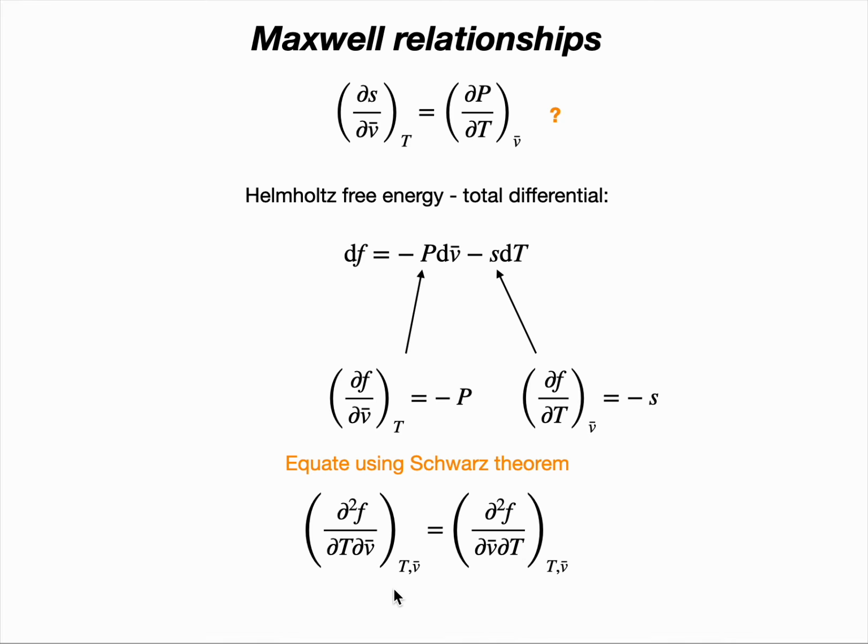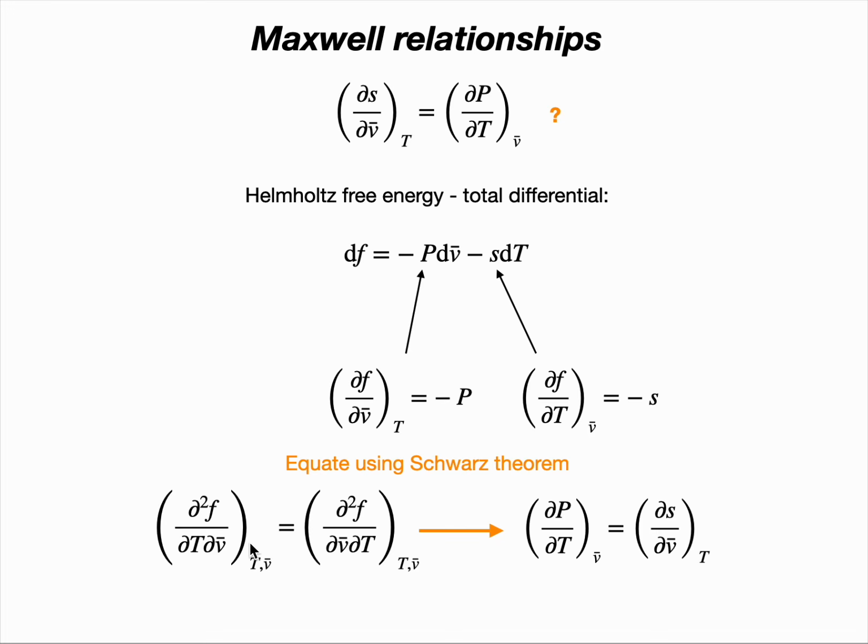Because if we apply this theorem, then we also see that if the second derivatives are equal, it also implies that dp dt at constant volume is equal to ds dv at constant temperature.